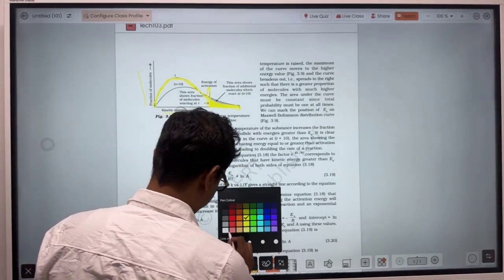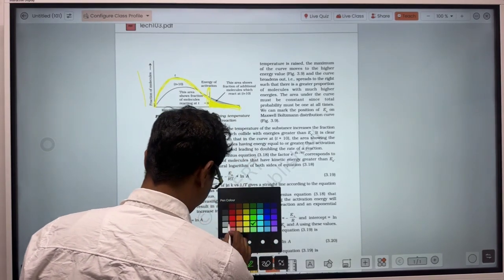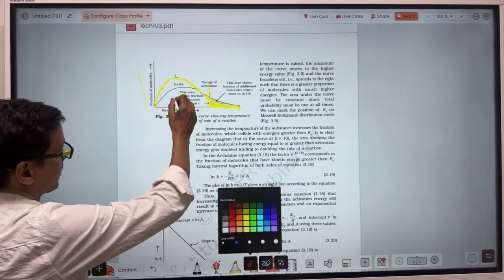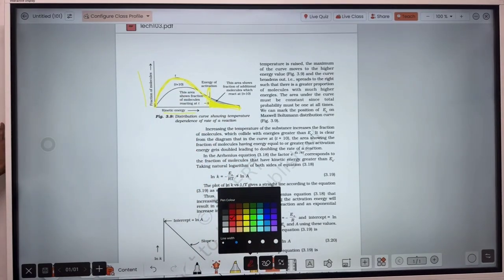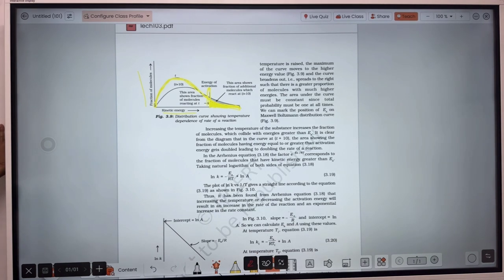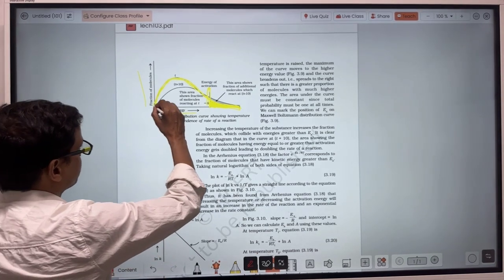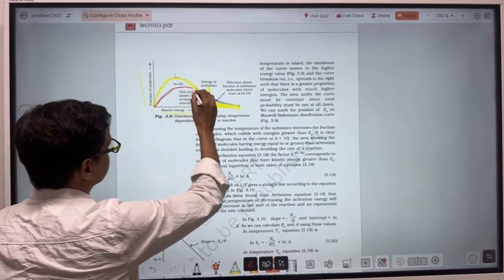Okay, and in the next point, we take T, and then increase the temperature through 10 degrees Celsius. So the new temperature will become T plus 10, and their graph is this one.